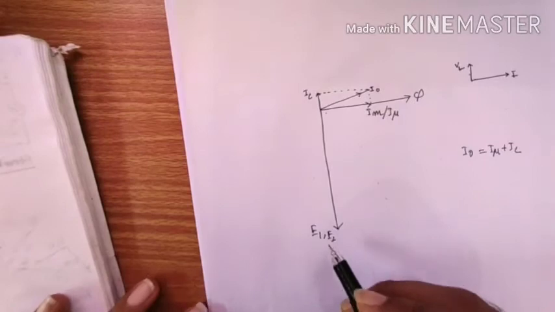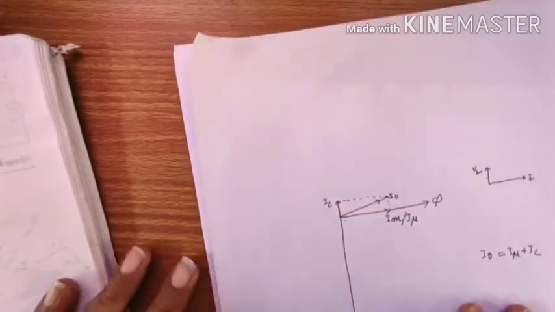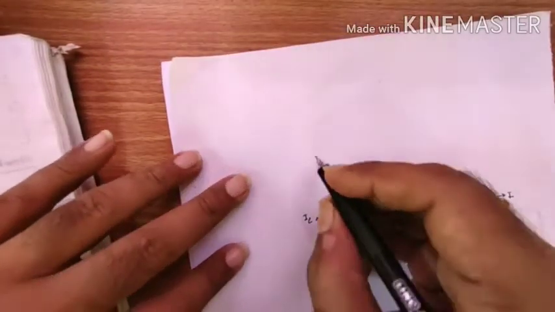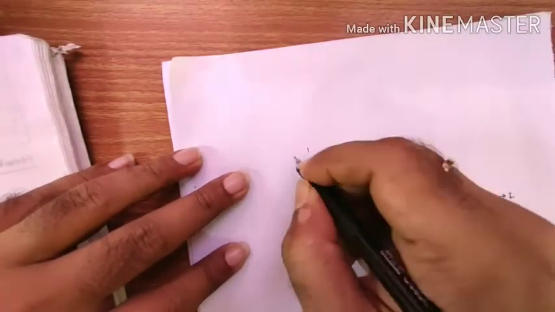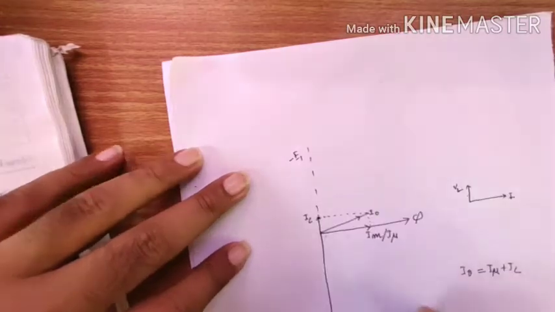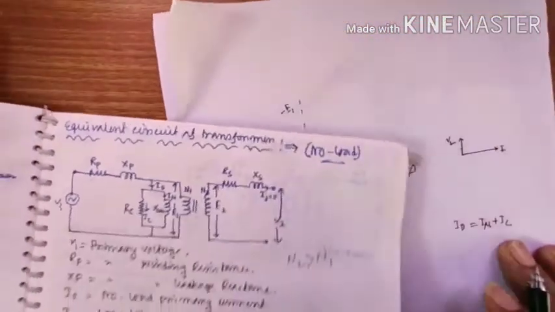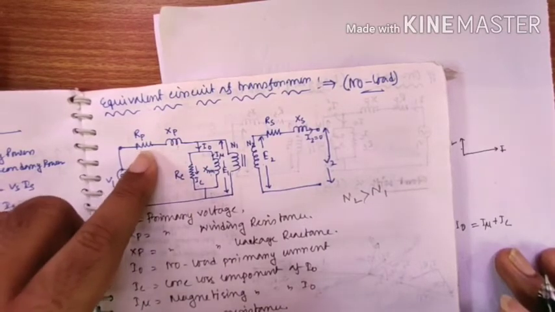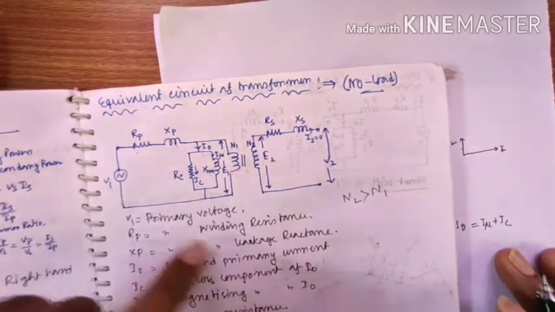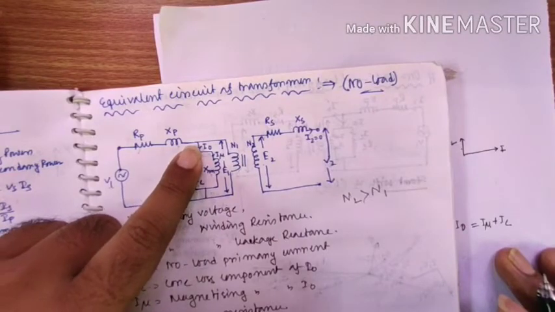So if this vector represents E1, then minus E1 should be in this direction. So with minus E1, we need to add voltage drop across XP and voltage drop across RP. All this happens when I0 current is flowing through it.